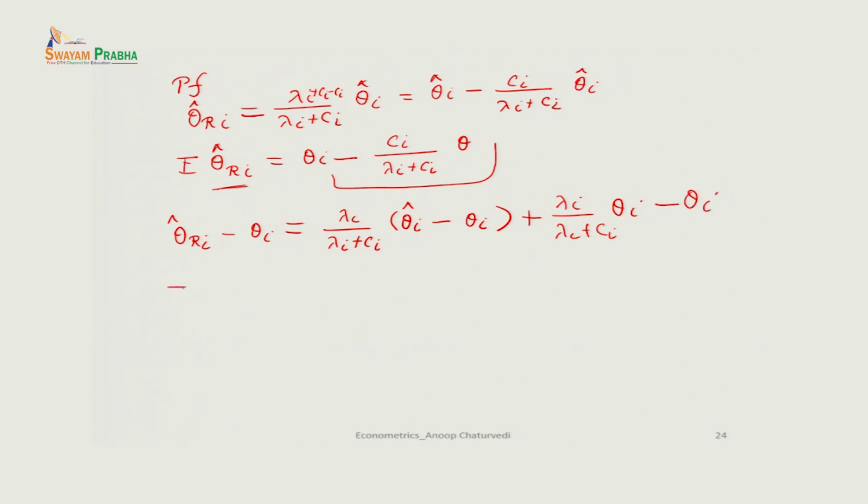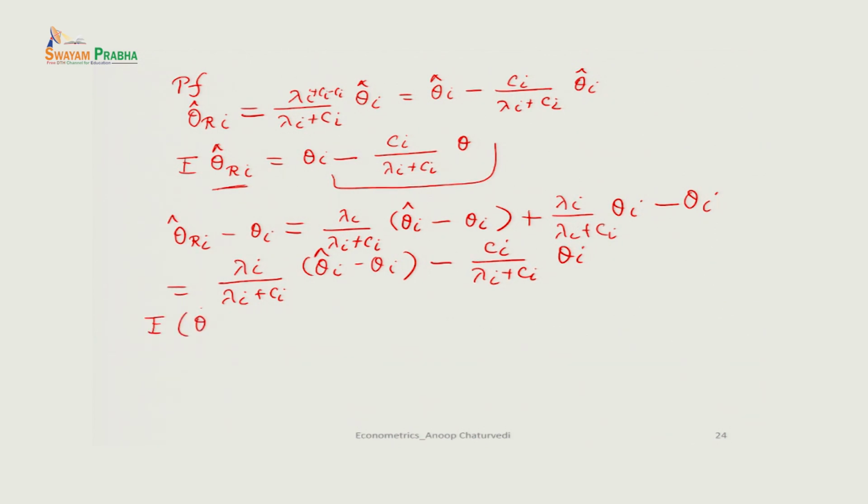So, you obtain lambda i upon lambda i plus C i theta i hat minus theta i, minus C i upon lambda i plus C i theta i. Now, we take the square of this quantity and then we take expectation.